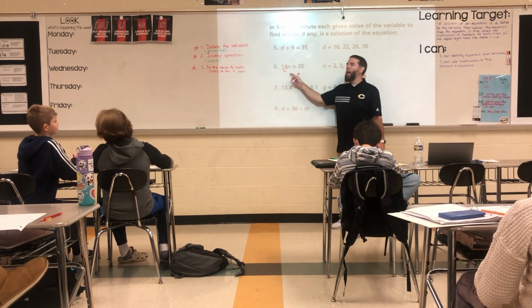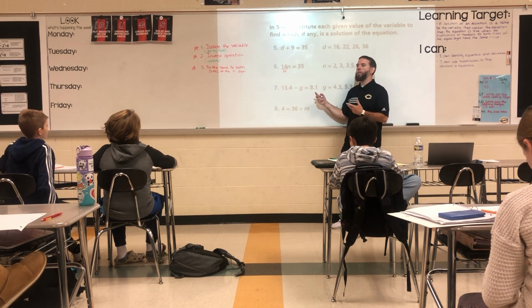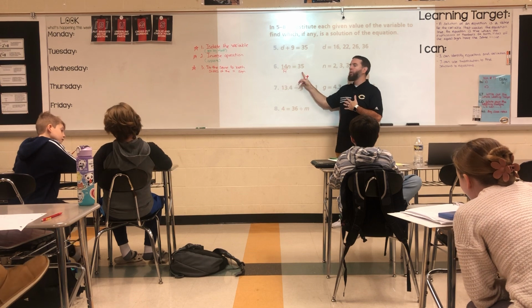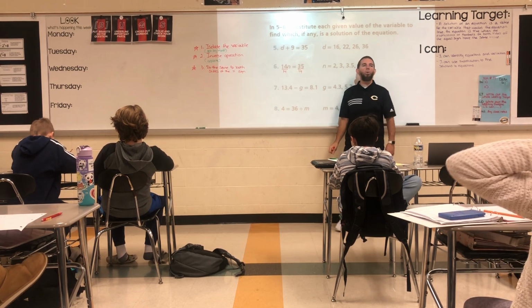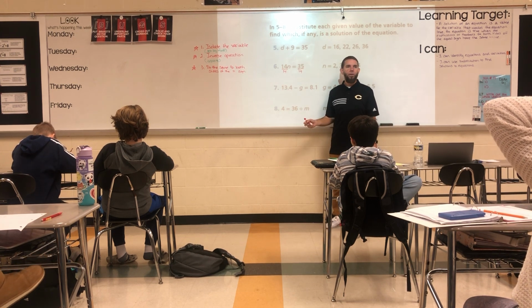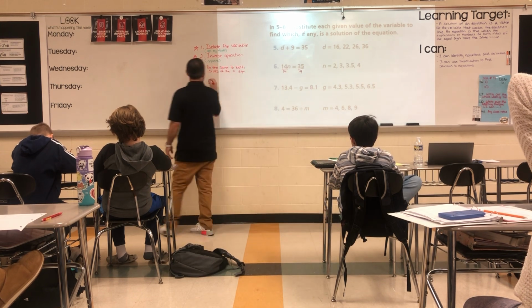We have to do the same to both sides, right? Life's not fair, but math is, so we have to be fair. Whatever we do over here, we have to do over here. So we're also going to divide by 14. What happens here, Ciamara? So let's go ahead and write that down in our steps.